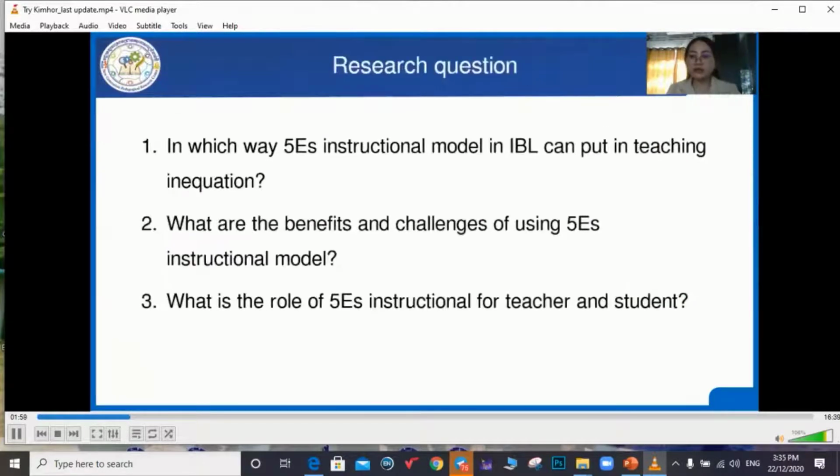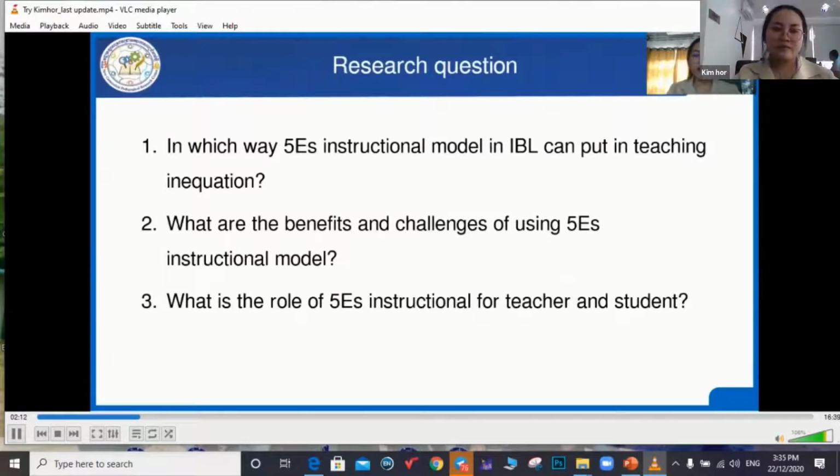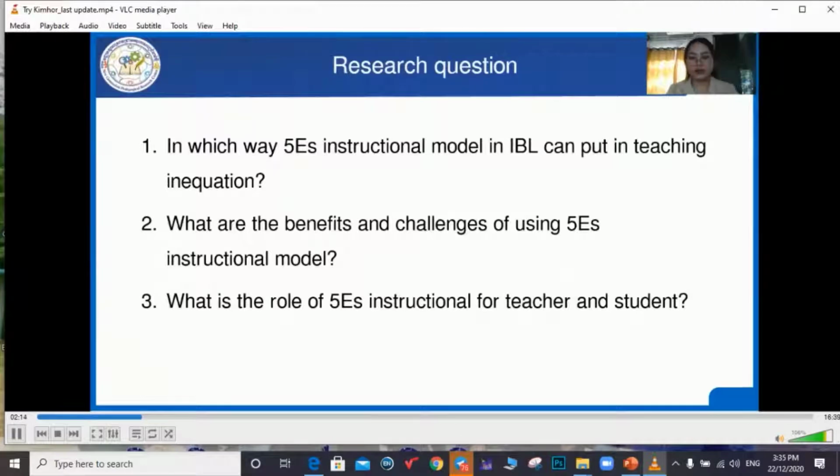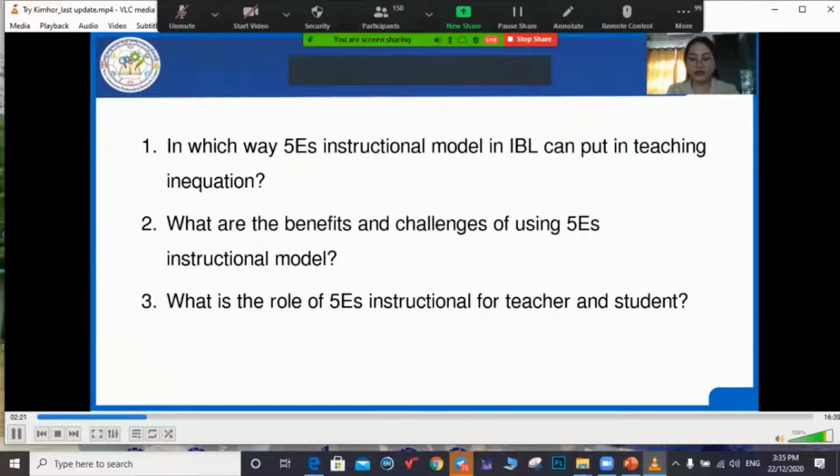To answer those objectives, I have three research questions. First, in which way can the 5E instructional model in inquiry-based learning be put into teaching inequations? Second, what are the benefits and challenges of using the 5E instructional model? And third, what is the role of the 5E instructional model for teachers and students?